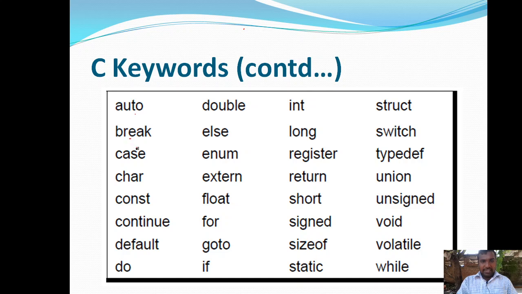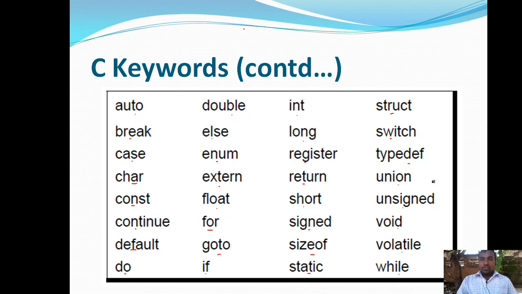auto, break, case, char, constant, continue, default, do, double, else, enum, extern, float, for, goto, if, int, long, register, return, short, signed, sizeof, static, struct, switch, typedef, union, unsigned, void, volatile, and while.